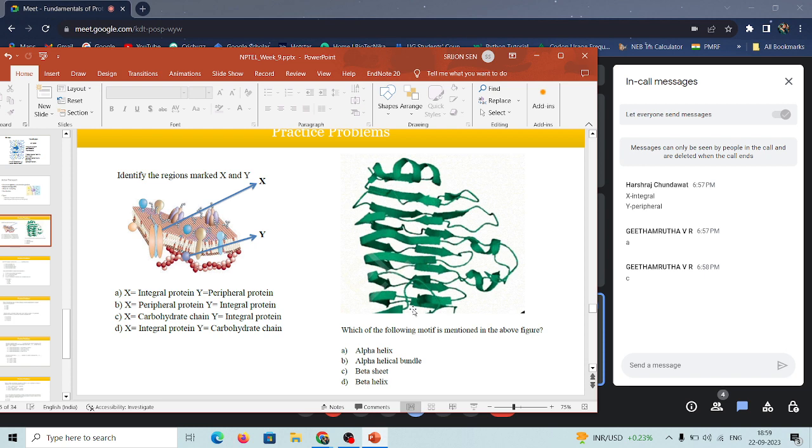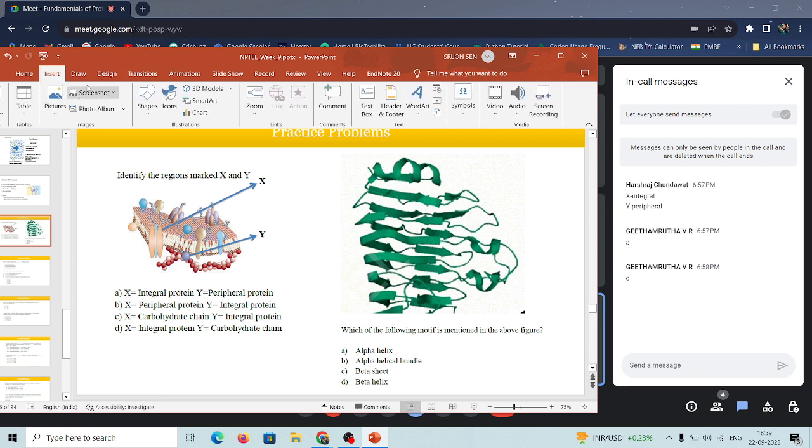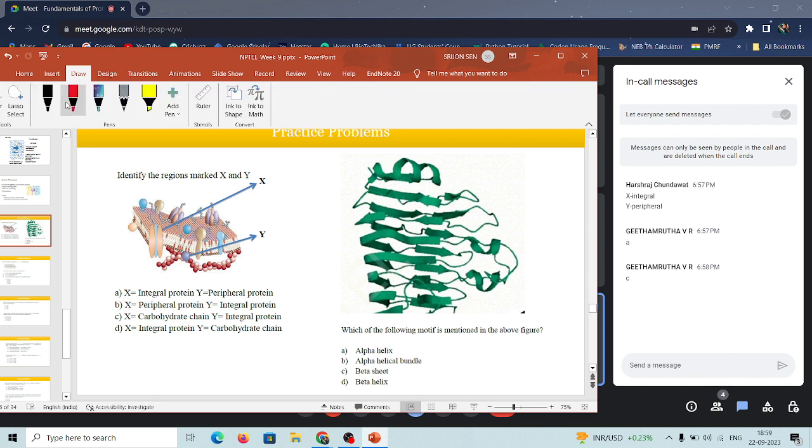So what do you see in this particular picture? These are your beta strands, that is for sure. But with these beta strands, you see over here you have one alpha helix, and another alpha helix over here, and another over here.